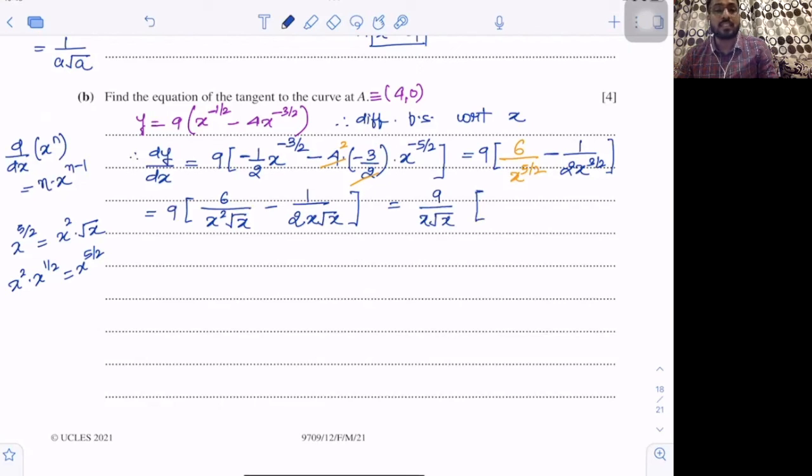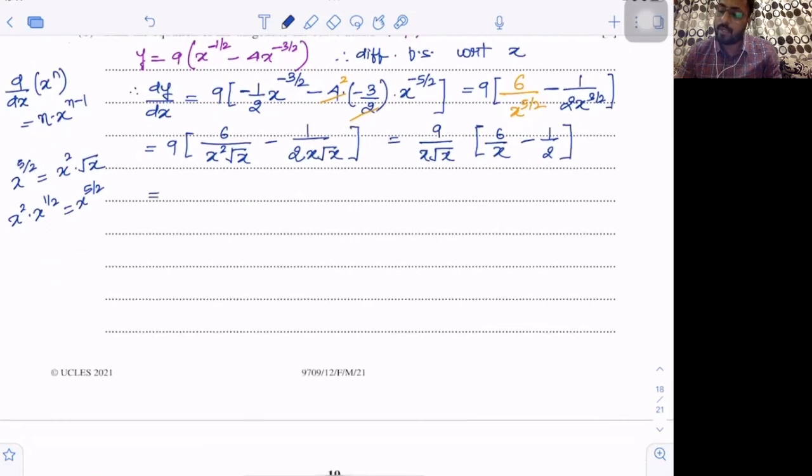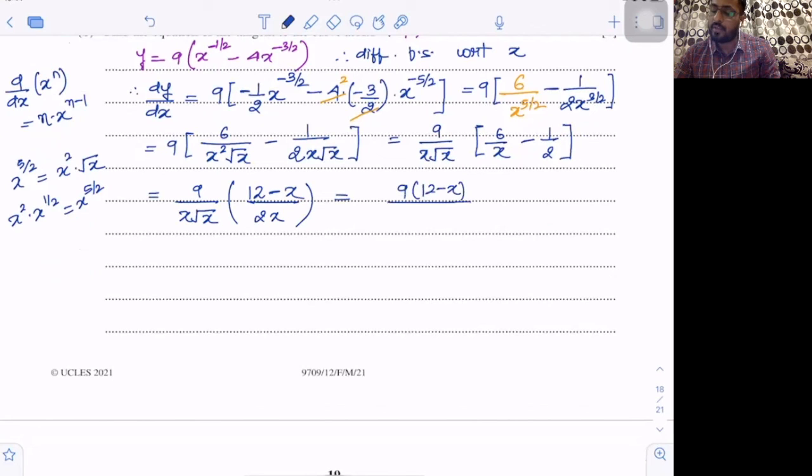You're left with 6 upon x minus 1 upon 2. So you can cross multiply again. If I cross multiply, I get 9 upon x root x multiplied with 12 minus x divided by 2x. So finally my answer is 9 times (12 minus x) whole divided by 2 times x square root x.